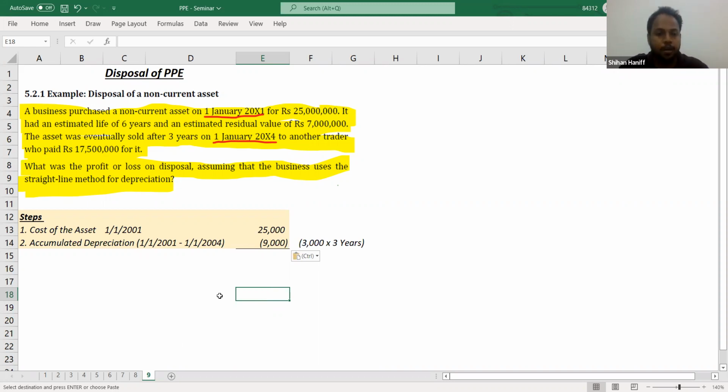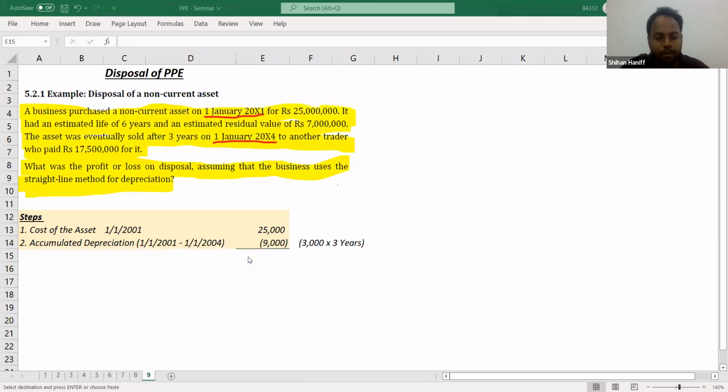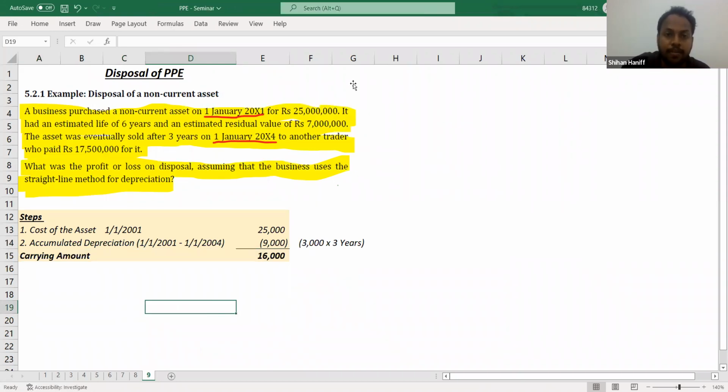Okay, so book value. The carrying amount after 3 years is 16,000.